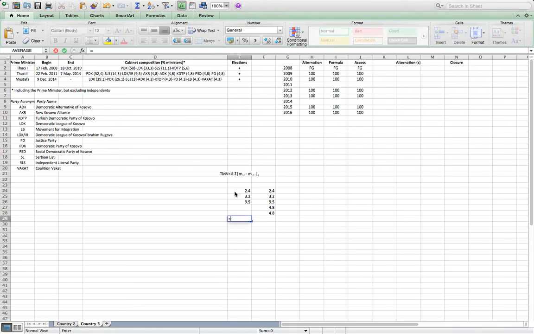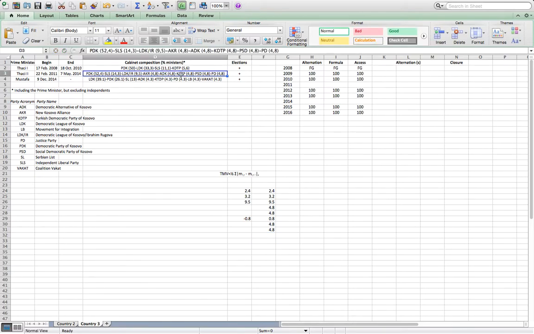So we need to do 4.8 minus 5.6 and use the absolute value. PSD, the Social Democratic Party of Kosovo, was not in the previous government, the same as the Justice Party. And we have already checked all the parties in the government in 2011.